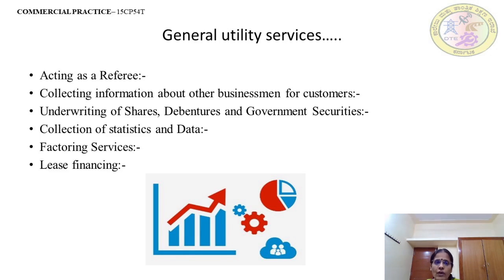The next service given towards the customer is collecting information about other businessmen for his customers. A banker often collects information about other businessmen through their fellow bankers and supplies the information to his customer. It is the customer who is doing some business who needs information about the other businessmen with whom he has to carry on business.